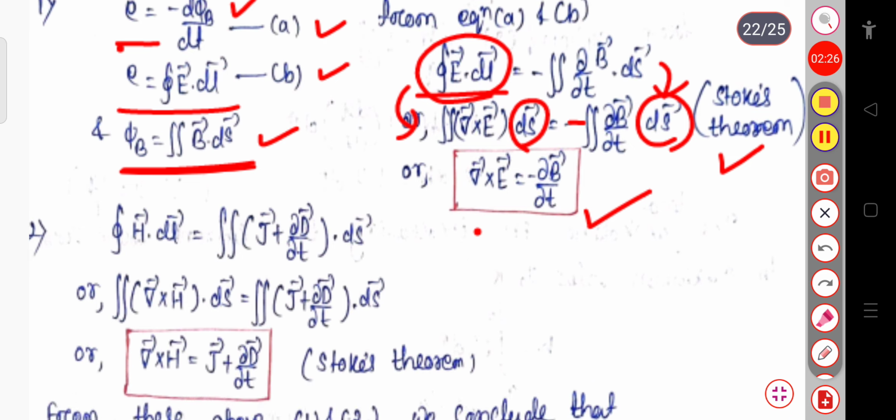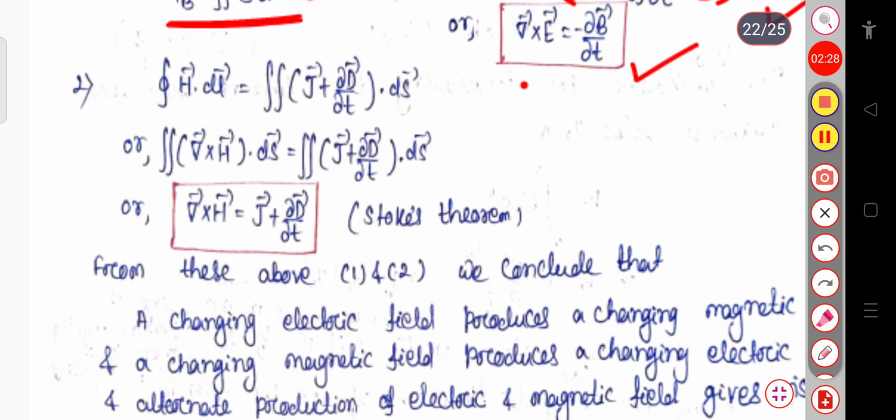Now we will see the second equation. Let us consider the line integral of H dot dl. We know this equals the surface integral of J plus dou D by dou t dot ds. If I convert this line integral to a surface integral by applying Stokes theorem, this will be the surface integral of del cross H dot ds, and this will be equal to the surface integral of J plus dou D by dou t dot ds.